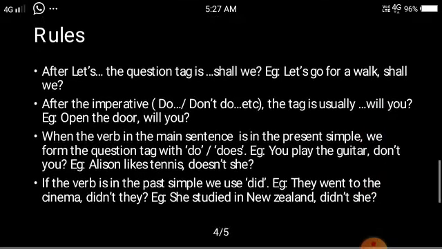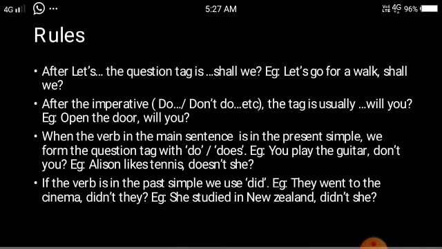Now, there are certain rules which you have to follow while making use of question tags. So supposing you are using let's, that is a suggestion. The question tag will be shall we?